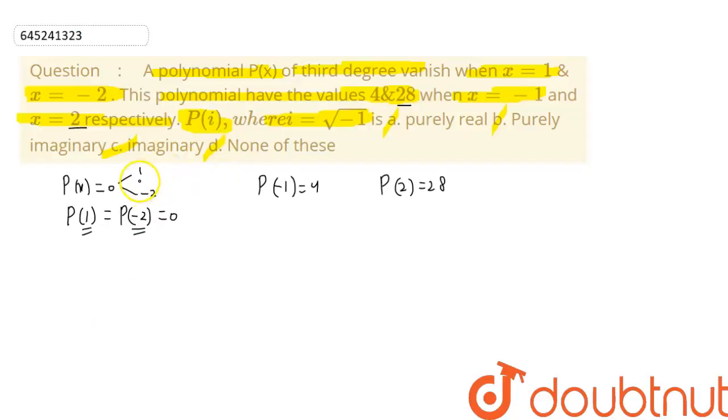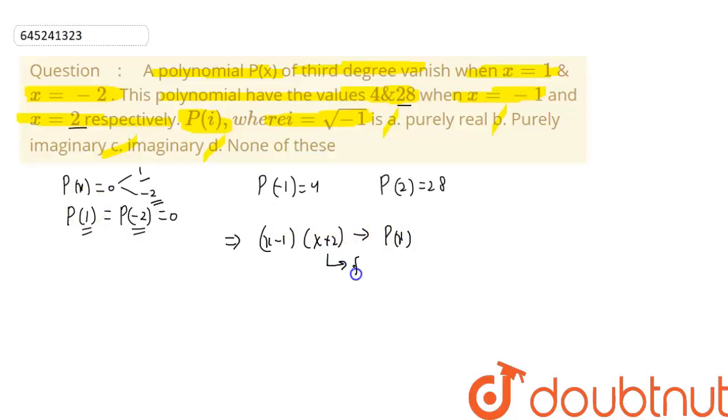Now since here we have concluded that x is equal to 1 and x is equal to minus 2 are the two roots of this polynomial p of x is equal to 0, and this polynomial p of x is a third degree polynomial, so we can say that x minus 1 and x plus 2 are the factors of this polynomial p of x.